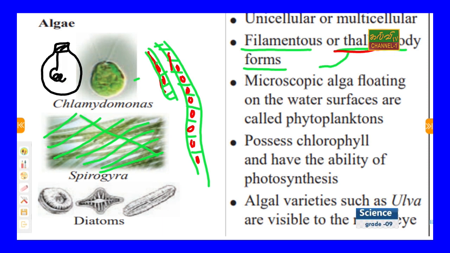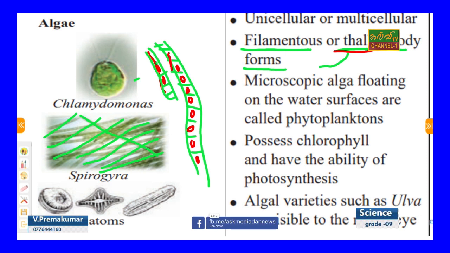Filament bulb means a thread spread like this, right? We call this a filament. So we are familiar with the term filament. Not only here, fungus also has filaments, like small thread-like growth.